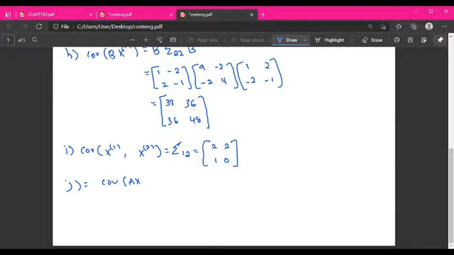Bukan linear combination lagi dekat sini. Sebab linear combination adalah AX dan BX ni adalah linear combination. X1 dan X2 kat sini adalah groups of partition. Okay, so big sigma 1, 2 adalah the covariance between the first group and the second group of partition.